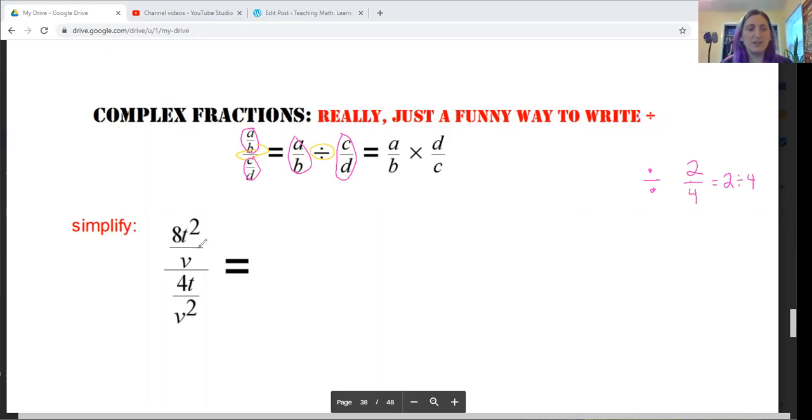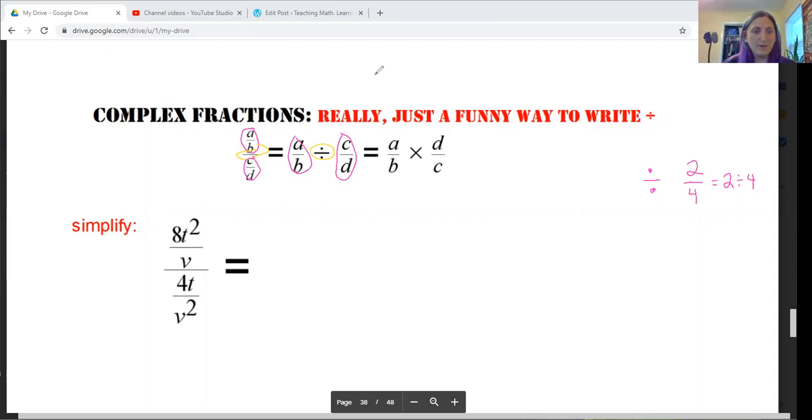It's a vertical way of writing this. As we remember, when we divide fractions, we really are multiplying by the reciprocal. Some students say keep, change, flip, right? Multiply by the reciprocal is the better mathematical way to say it. Change it to a multiplication sign and flip it.